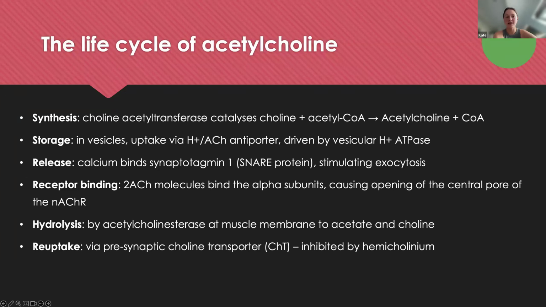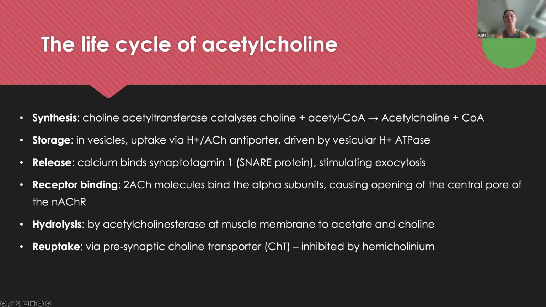Two of these ACh molecules bind the alpha subunits of the receptors, and it's hydrolyzed by acetylcholinesterase at the muscle membrane back into acetate and choline. Acetate diffuses back into the terminal, and choline is transported in via a sodium-choline co-transporter, and ACh is reformed in the terminal by choline acetyltransferase.